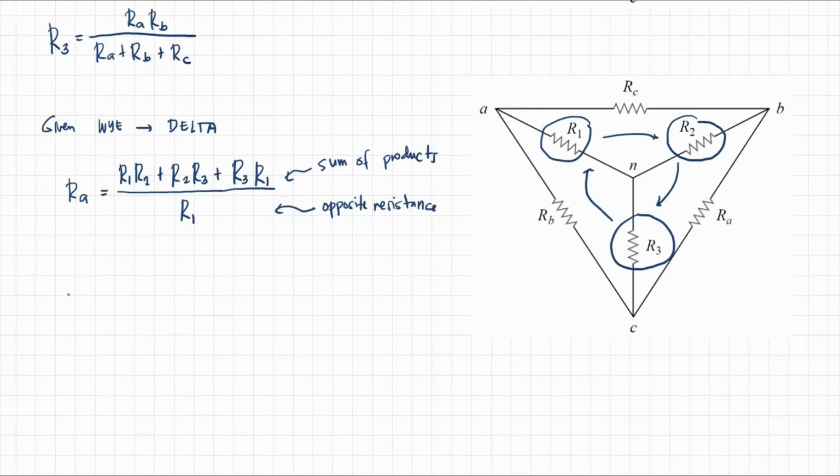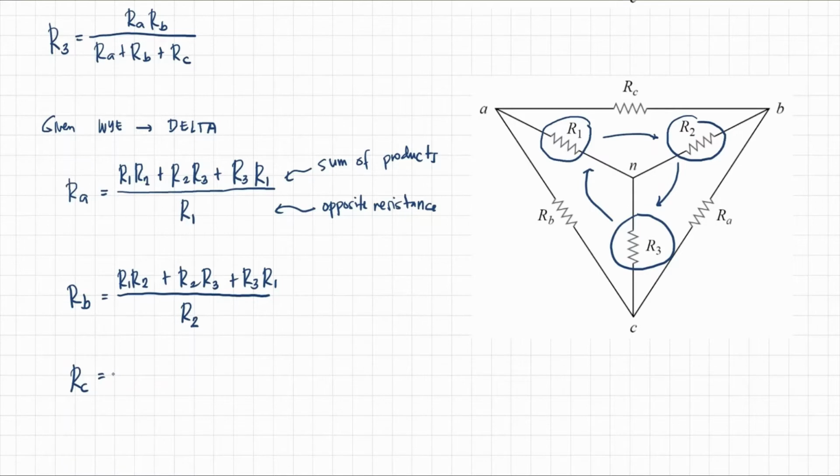So similarly, for RB, we just have to copy the numerator and then divide it by the value of the resistance opposite to RB. So in the figure, the opposite of RB would be R2. So we divide it by R2.